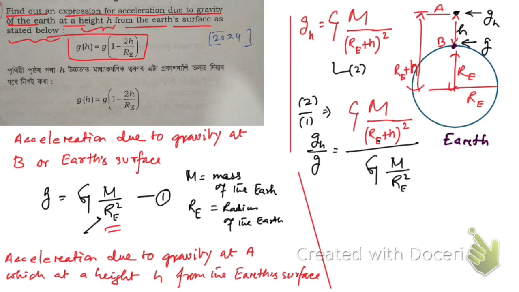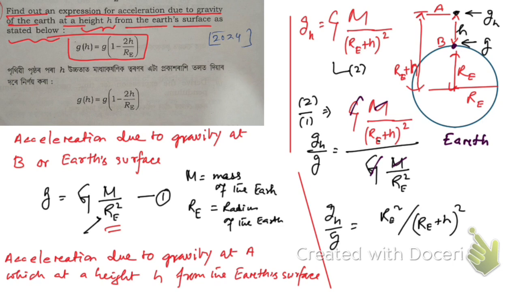So we can cancel capital G, capital M, and if you simplify, then you're gonna have gh by small g is equal to RE square divided by RE plus H whole square. That's what we're gonna have.